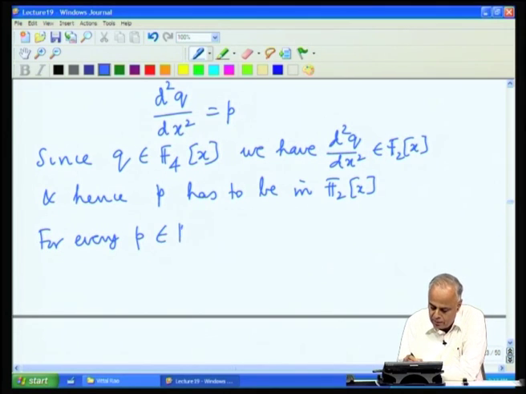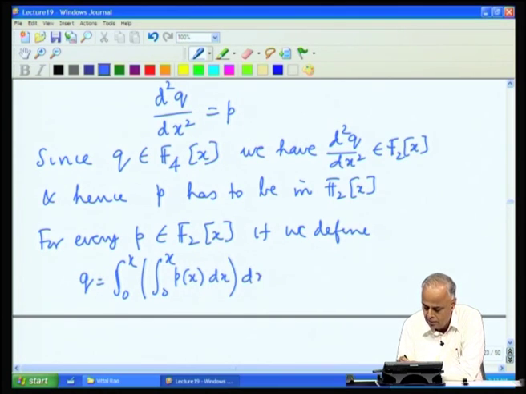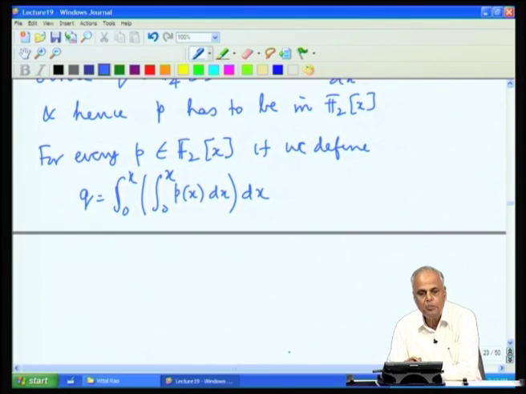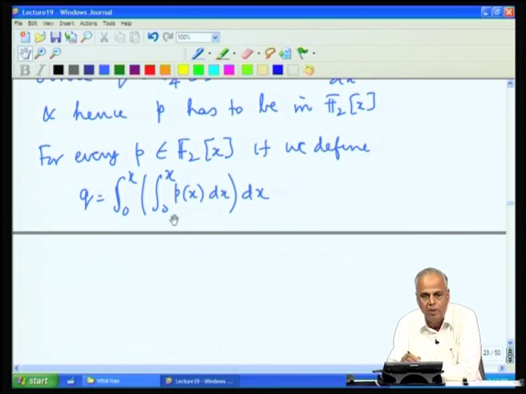But then for every P in F2x, if we define Q to be the integral from 0 to x of P(x) dx, then since P is a polynomial of degree less than or equal to 2, when I integrate it will be a polynomial of degree less than or equal to 3, and if I integrate further I will get a polynomial of degree less than or equal to 4.